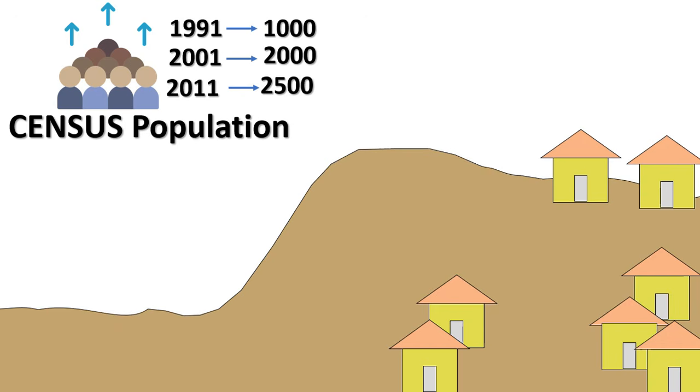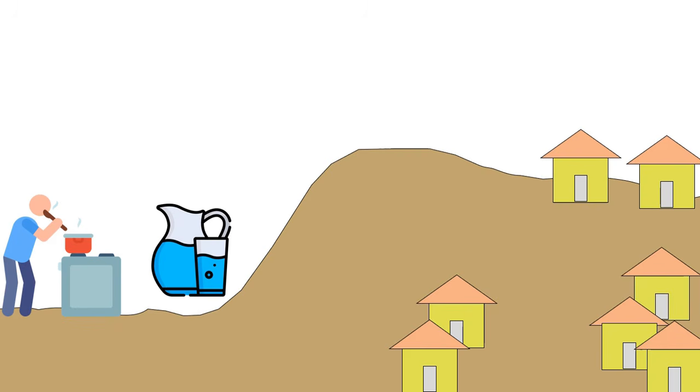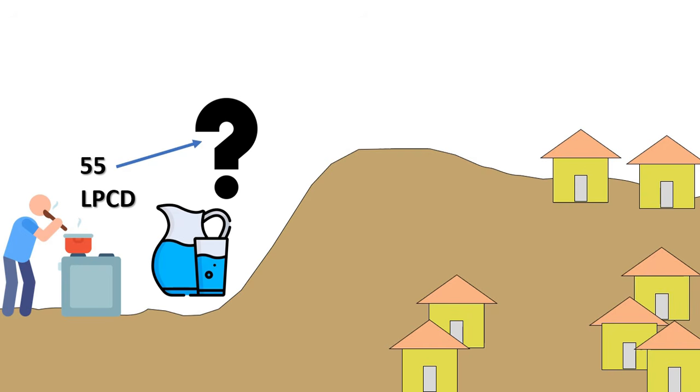Now, as every person need water for activities like drinking, washing and cooking. We will assume here each person need 55 liters of water in a day and technically it is called as 55 liters per capita per day or 55 LPCD. You might be thinking that why I have taken this random and odd number.